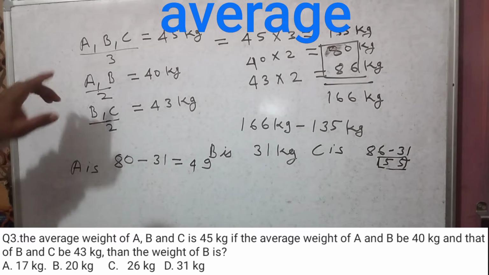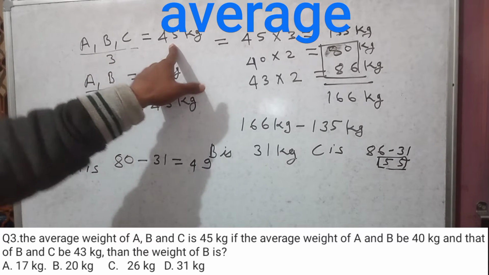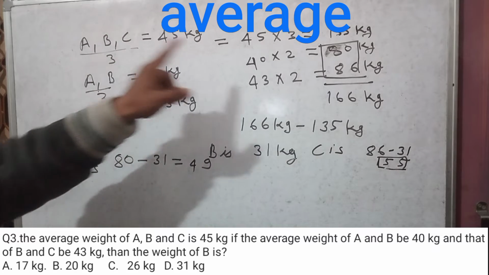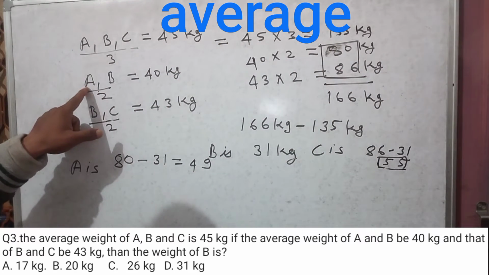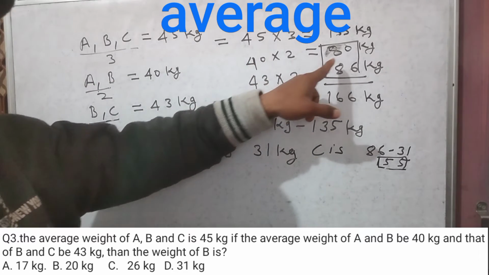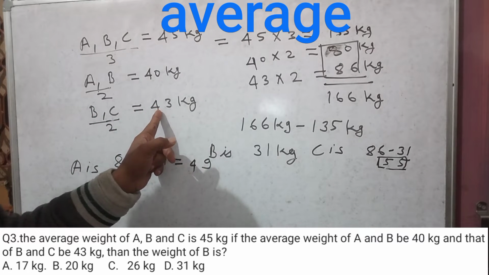Now see here, A, B, C 45 kg is average. So total kg will be 45 into 3 because there are 3 persons. So 45 into 3 will be 135 kg. Now A, B, there are 2 persons. So 2 persons 80 kg, and B and C 43 kg average.